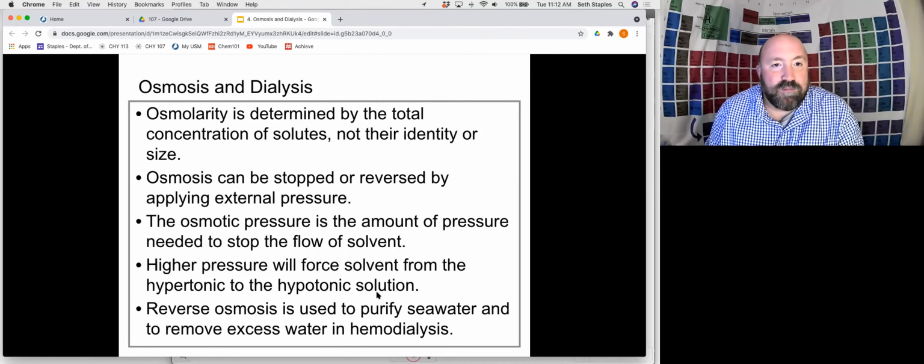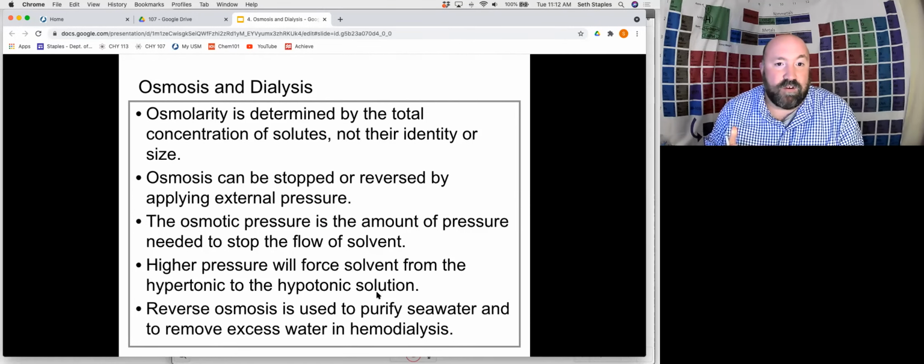What we call osmolarity is determined by the total concentration of the solutes. The identity doesn't matter, the size doesn't matter. We're looking at the concentration of the solutes, which creates that concentration gradient. Osmosis can be stopped or even reversed by applying some sort of external pressure. So you might have heard, for instance, of a reverse osmosis water filtration system.